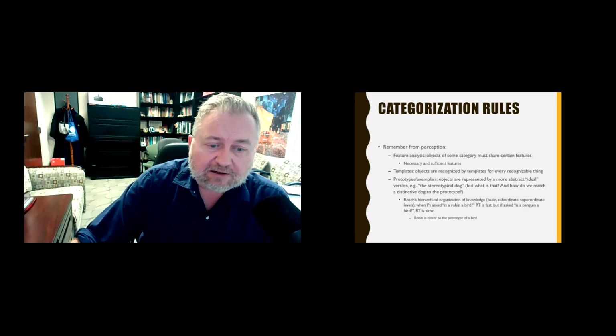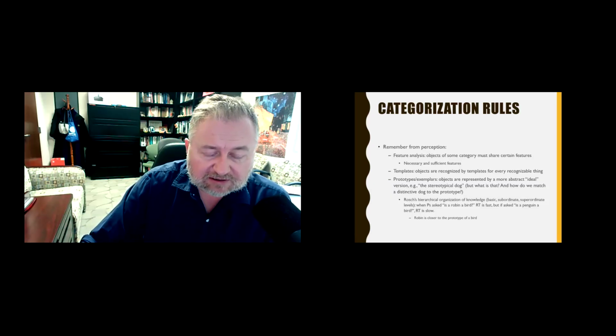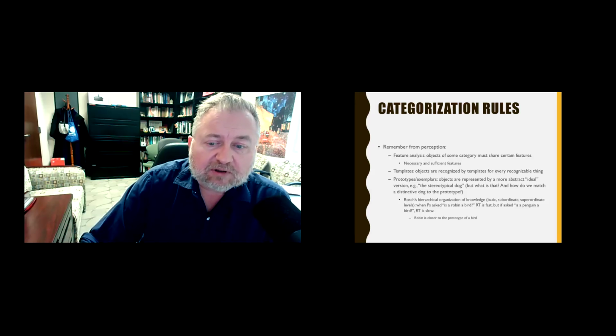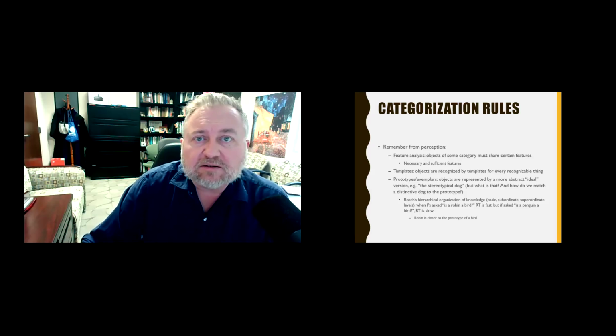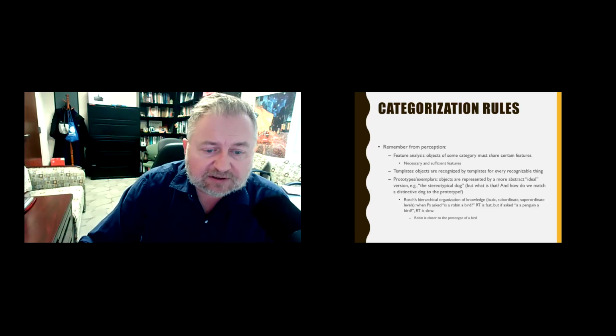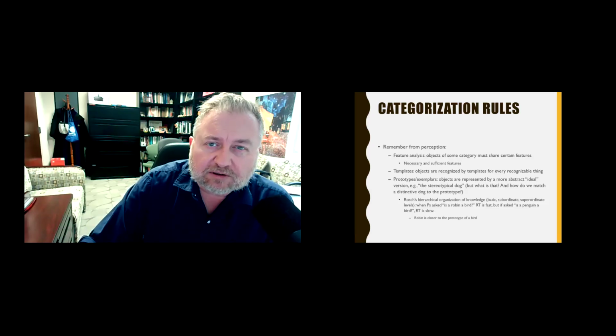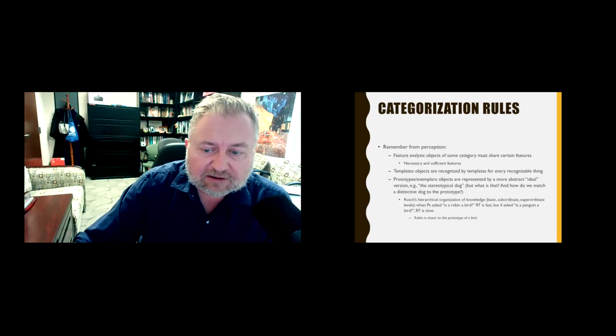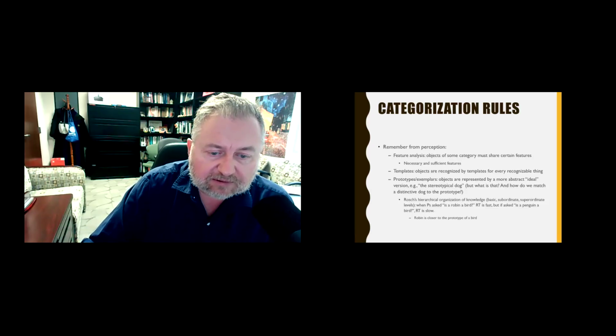Now, there's another way to talk about mental representations that are sort of template-like, but they are more simplified, more abstracted, and more idealized. And we can refer to them as either prototypes or exemplars. I'm kind of oversimplifying two different theories here, but for that purpose, we'll keep it simpler.